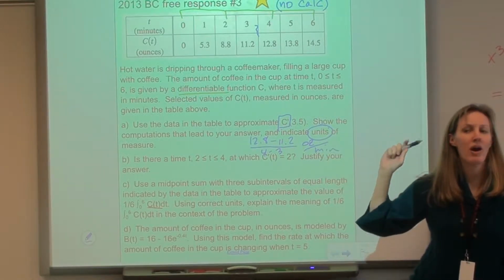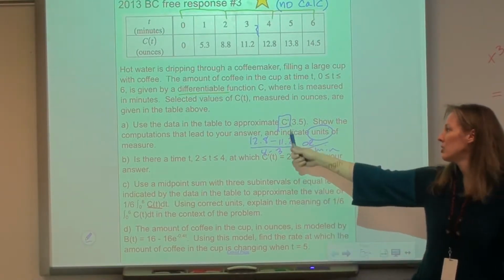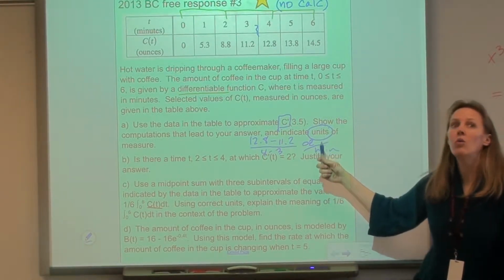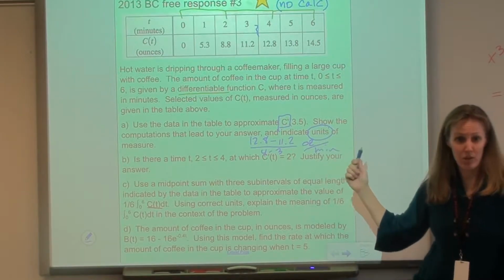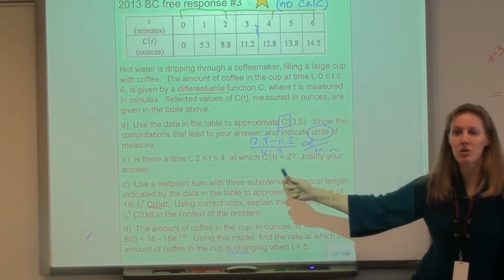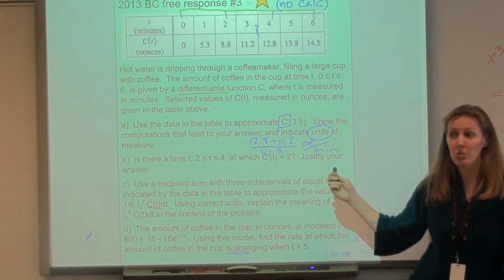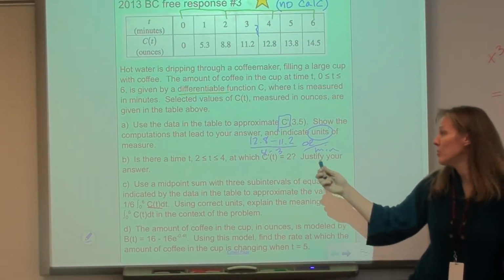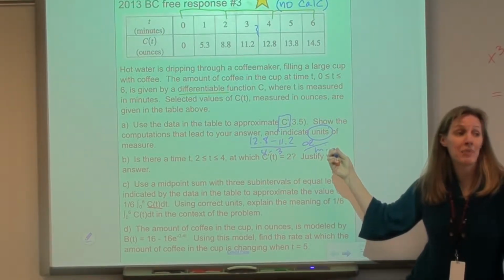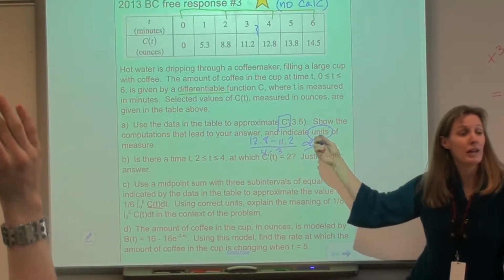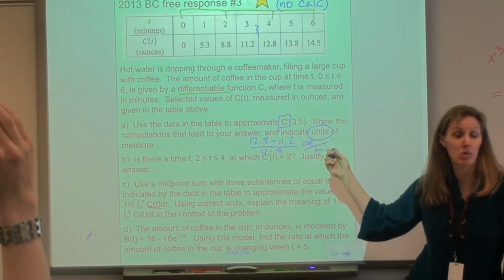So anytime you have a question that says include units, always put an answer with units, right? Because the answer could be wrong, you still get the point for the units. The point is a point, right? And remember, guys, this point is the same thing as a point on multiple choice, right? Writing ounces per minute, that's worth an entire multiple choice question.